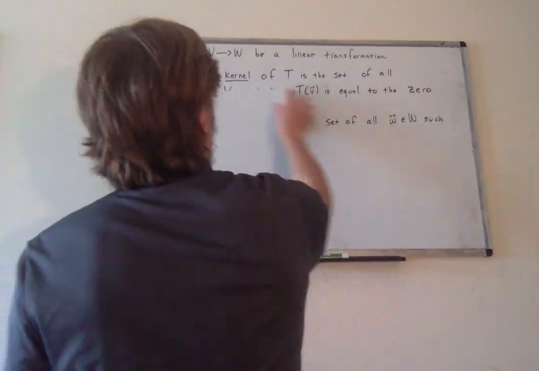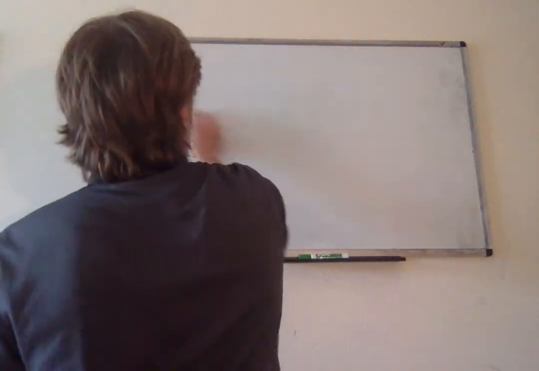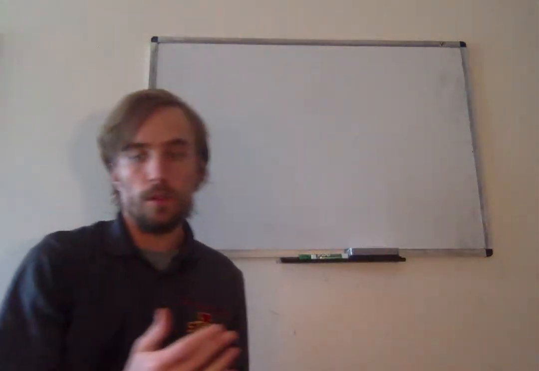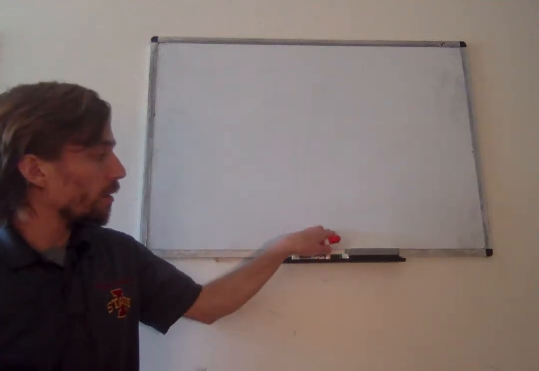If we're working with matrices and you hear the words kernel or range, always associate kernel with the null space of the matrix, and range with the column space of the matrix.